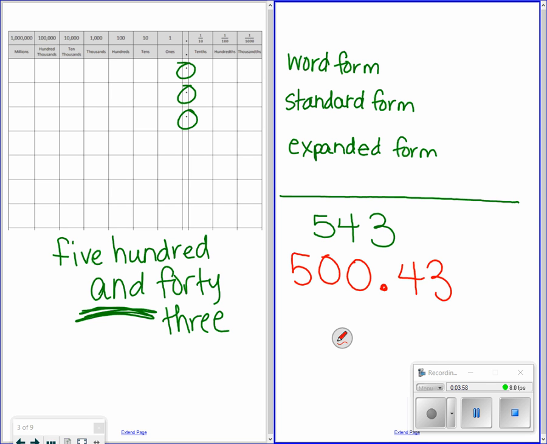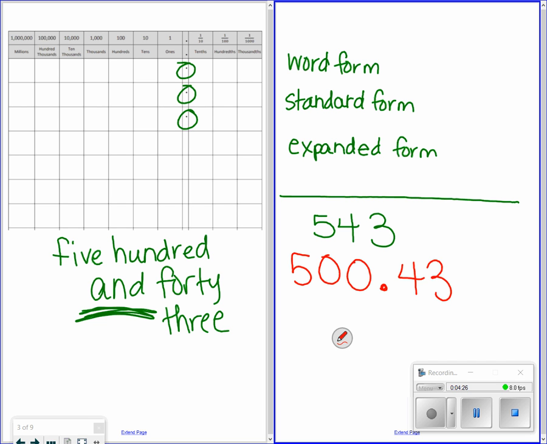The decimal is "and." So anytime on this problem set that you see the word "and," it means that there is a decimal. So you have to retrain your brain not to say "and" 543, because it's not there.